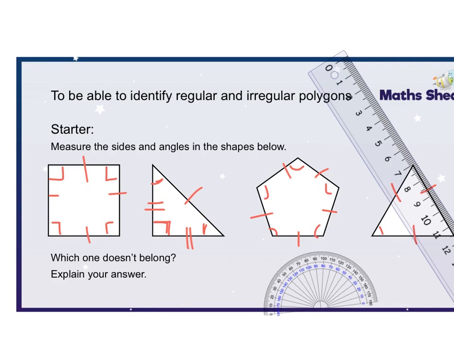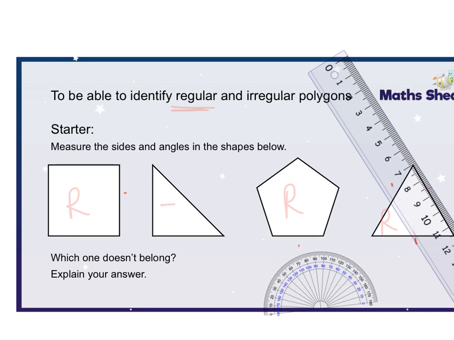So what we're getting at is the fact that our square is a regular polygon. What does that mean? It means all the sides and all the angles are the same. So that's regular. Our pentagon is regular and our equilateral is regular.